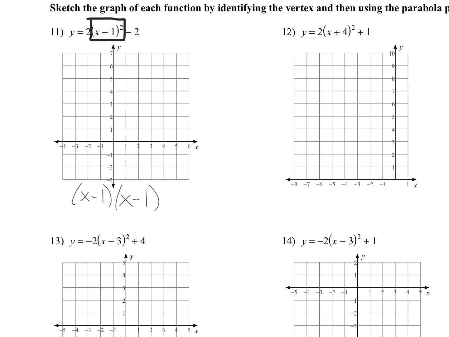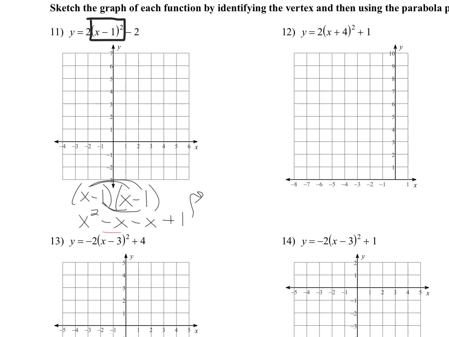Now how do we solve that? FOIL it out. So we have x times x, x squared, x times negative 1, negative x, negative 1 times x, negative x, negative 1 times negative 1, plus 1. And then one more step that we need to do.